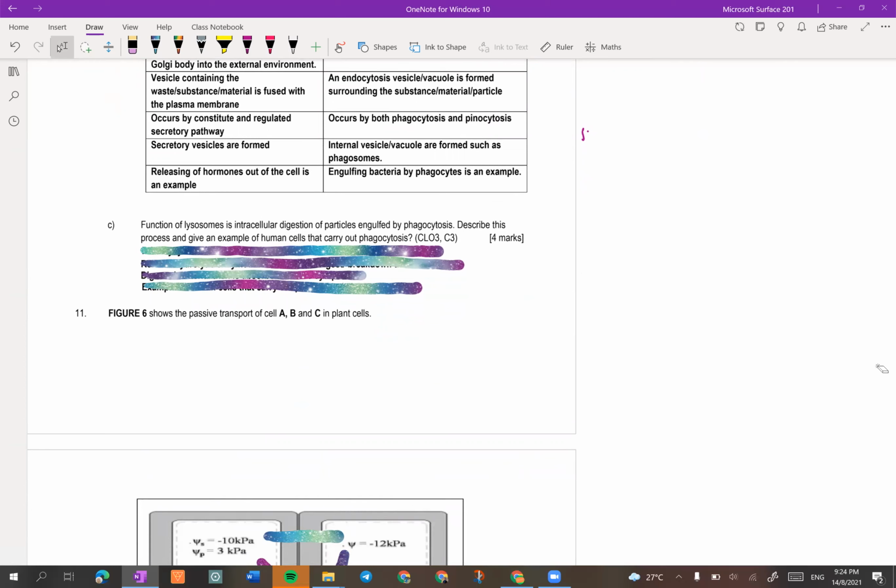Describe this process and give an example of a human cell that carries out phagocytosis. Okay, here it asks you to state the function of lysosome in digesting things that have been engulfed by phagocytosis, describe this process, and give an example of a human cell that carries out phagocytosis. Right, so first we have to give the process. The process is that first it must engulf, or phagocytosis.